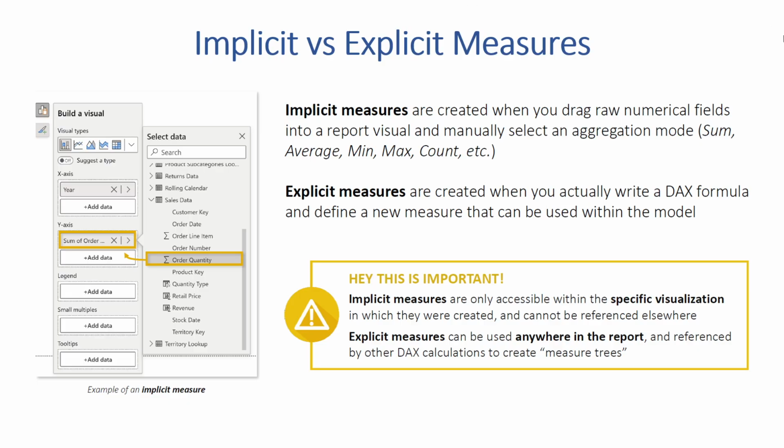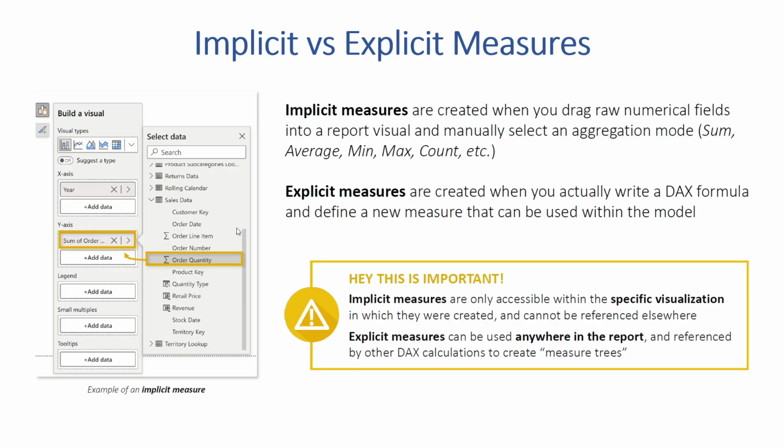I have taken a screenshot which defines the implicit and explicit measure. On the left-hand side, I took the screenshot of the visual. In the y-axis, you see sum of order; we simply dragged it from the data to here, so it becomes an implicit measure.